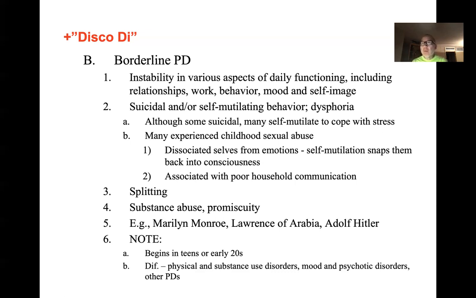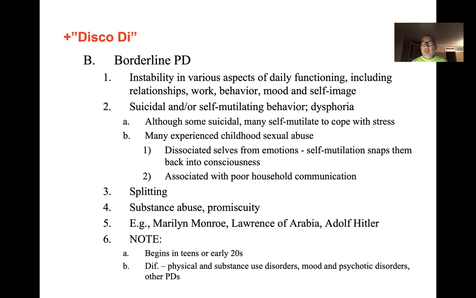Or one moment seeing a single individual as being just wonderful, and then two weeks later, because of a difference, let's say an opinion or an argument, seeing the person as all bad. So this is an inability to integrate feelings about people and situations, usually people, in a more complex manner. They're either all good or all bad. It's often associated with substance abuse, promiscuity.